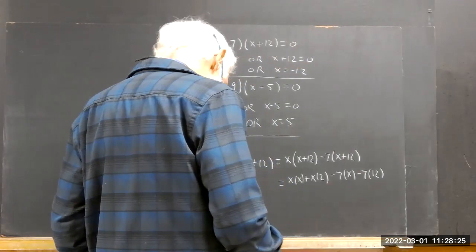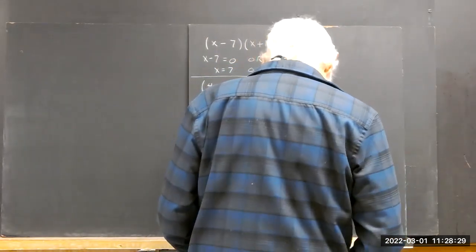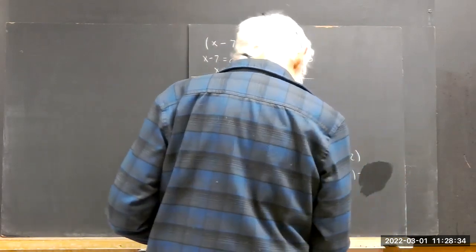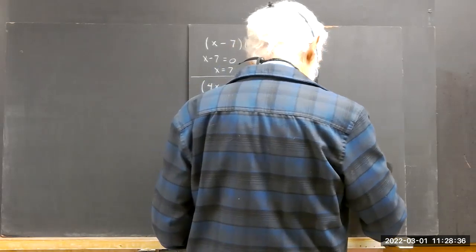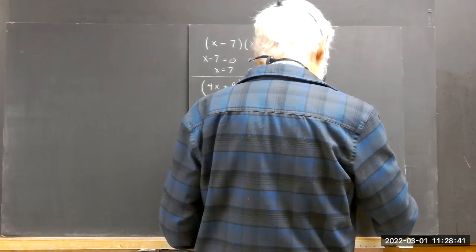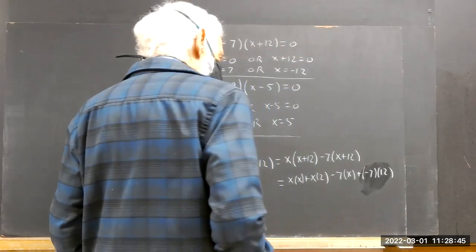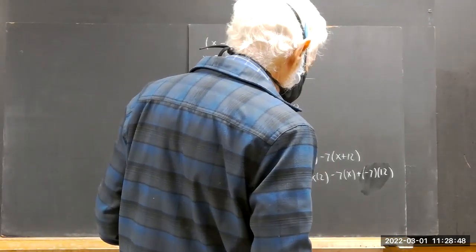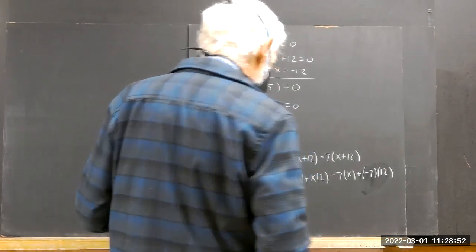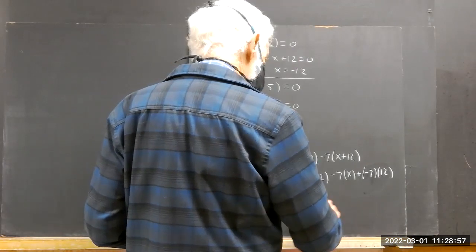Actually, written that out a little more completely, it's plus, okay, so x times x is x squared. x times 12 is 12x.